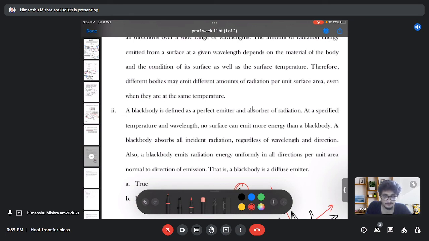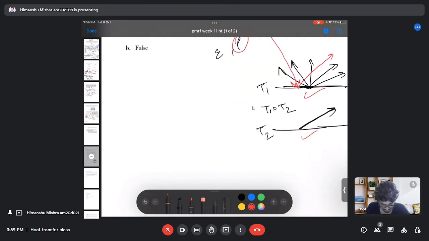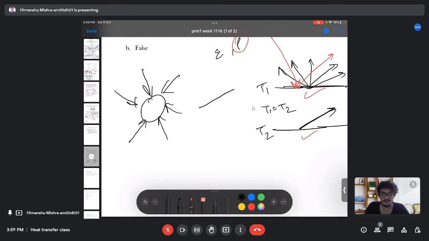The black body is a diffuse emitter. So again, this statement is true. That means suppose I have a black body, the amount of radiation it can receive is the highest compared to a normal body which is not a black body.